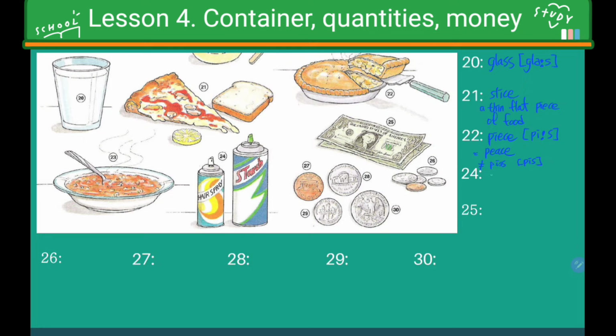And number 24, we have spray gun. So we have spray gun of hairspray, spray gun of paint. Oh, we are actually missing number 23. That's my bad. We have B-O-W-L, bowl.